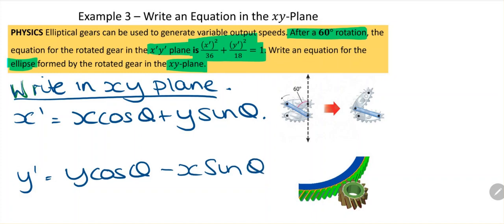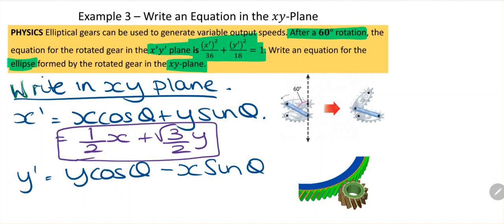We're told theta is 60 degrees. So we know that it's going to be x cosine of 60, and the cosine of 60 is a half. So we're going to put in a half x. Then this is y sine of 60, and sine of 60 is root 3 over 2, so this is root 3 over 2 y.